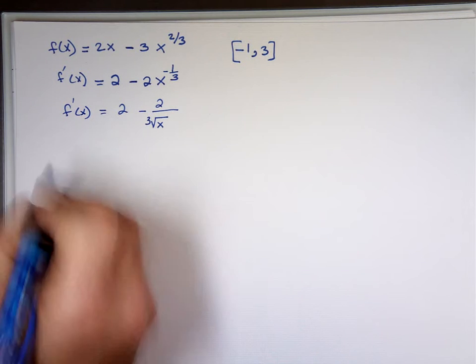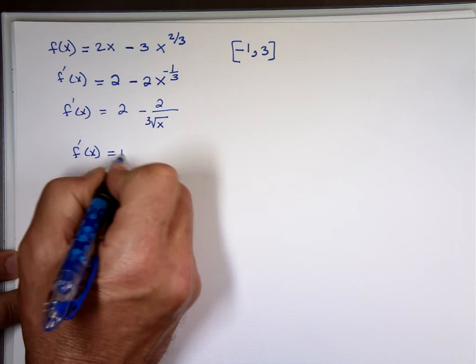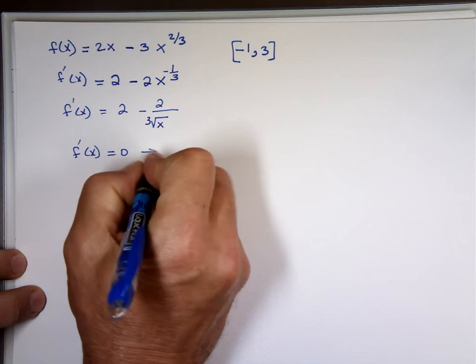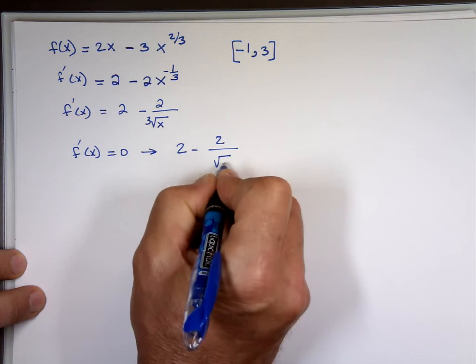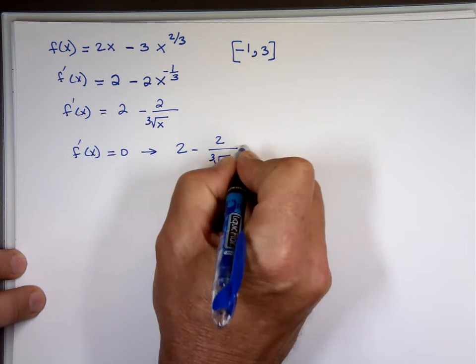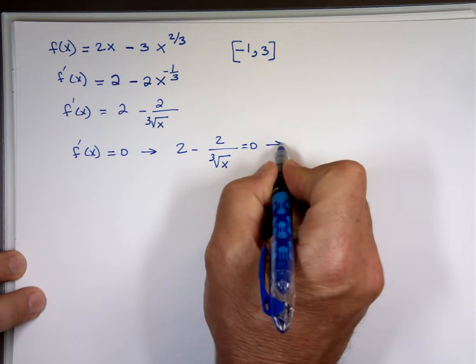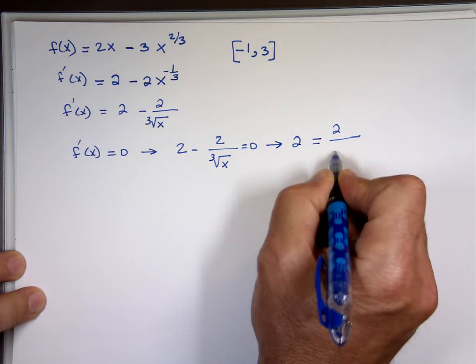Now let's take the derivative, set it equal to 0. What value makes the derivative 0? Okay, 2 minus 2 over the cube root of x. Two equals 2 over the cube root of x.